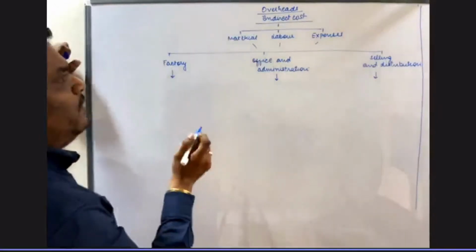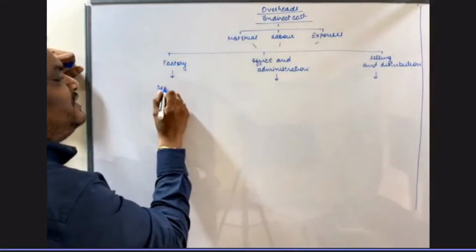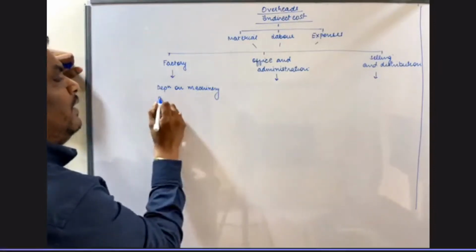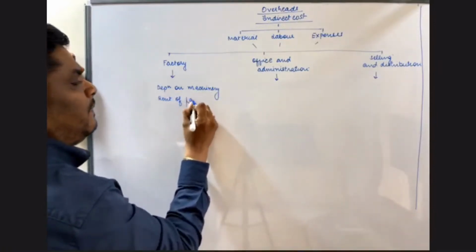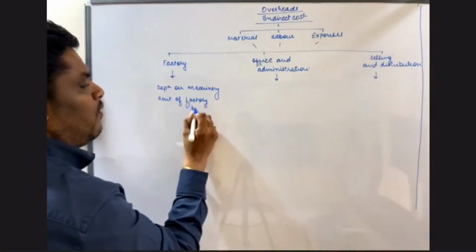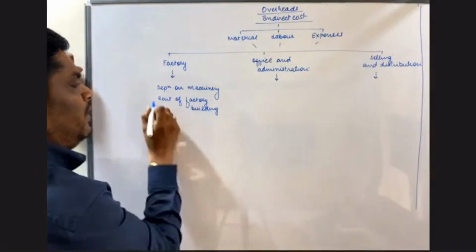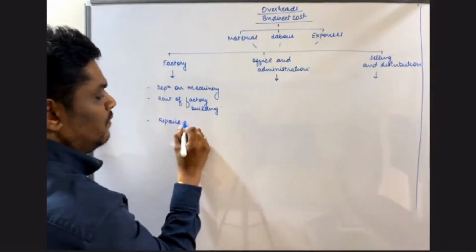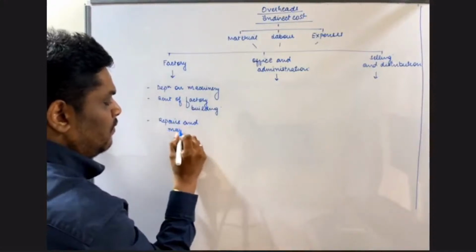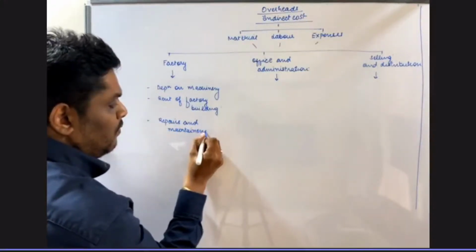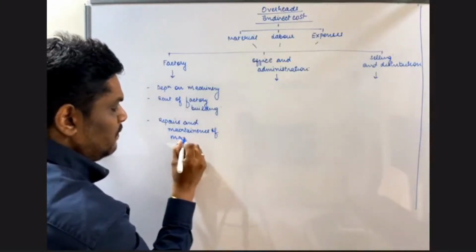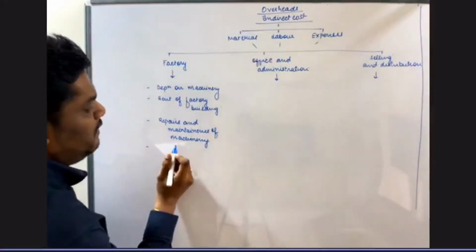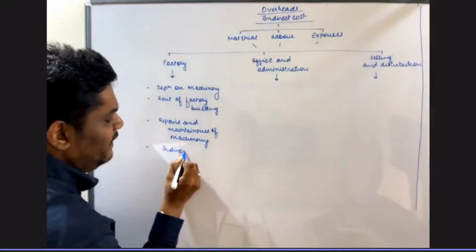When talking about factory level, the overheads incurred can be depreciation on machinery, rent of factory building, repairs and maintenance on machinery, and further indirect wages if it is given.